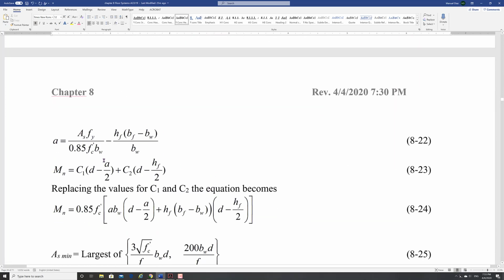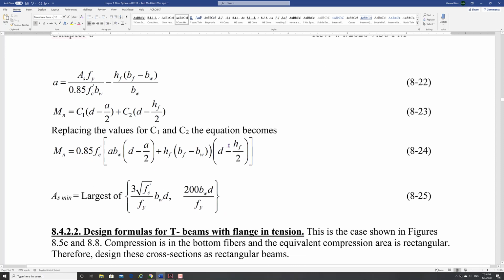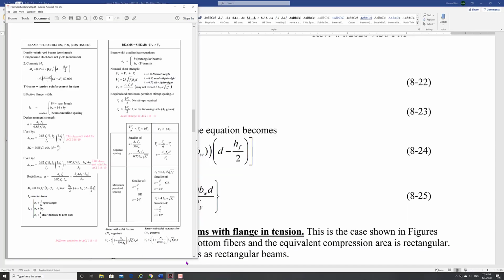Your A value is this one, right? Your formula for moments is this one, that when you substitute numbers, it changes to this, right? And you have your A is minimum. Again, these formulas are given in your design aids. So you have them. Here is the formula for the second case, and here is the formula for the first case.